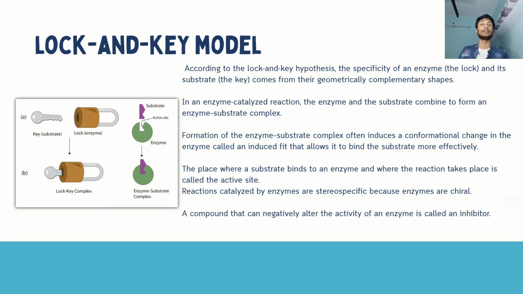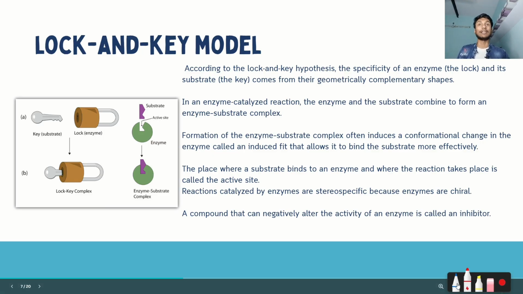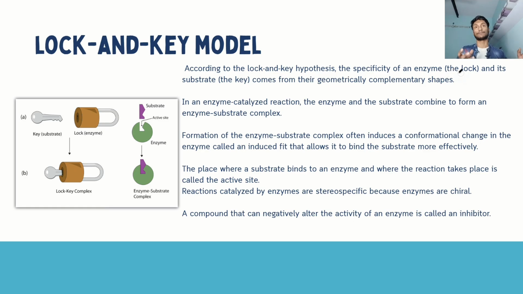According to the lock and key hypothesis, the specificity of an enzyme, the lock, and its substrate, the key, comes from their geometrically complementary shapes. In an enzyme's catalytic reaction, the enzyme and the substrate combine to form an enzyme-substrate complex. So when the enzyme and substrate mix together, the enzyme-substrate complex forms.